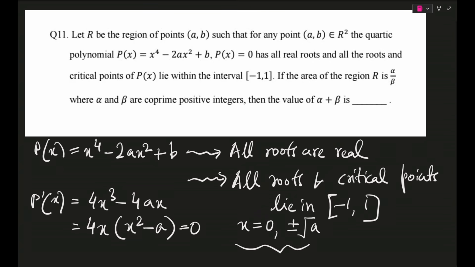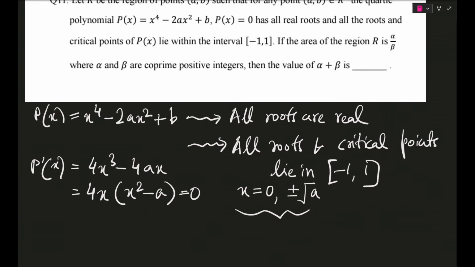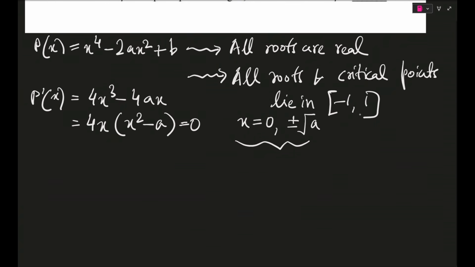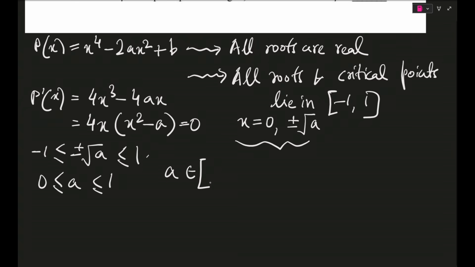Now, if this has to meet the required conditions that all roots and critical points lie in minus 1 to 1, right? So 0 is obviously meeting, but for root a this will be minus 1 less than equal to plus minus root a less than equal to 1. Now if you square both sides, this will become 0 less than equal to a less than equal to 1, which means a has to be in the interval closed 0 to closed 1. That is the point. Okay, so that's the first step, and this is about the critical points.